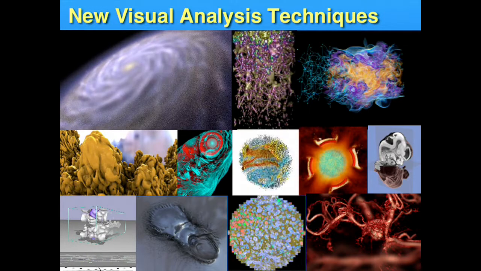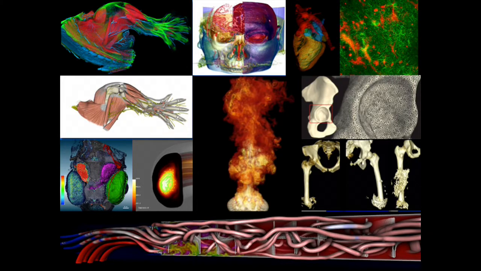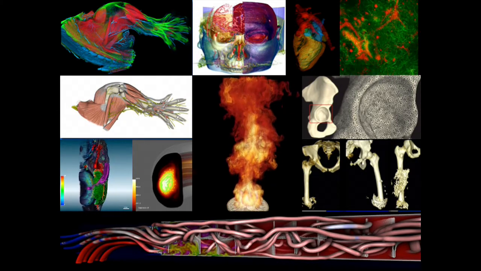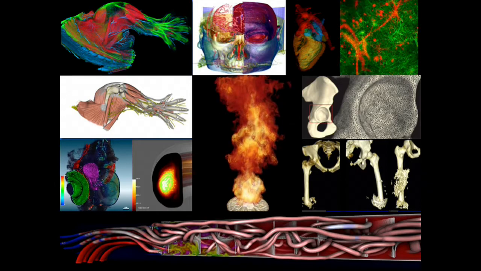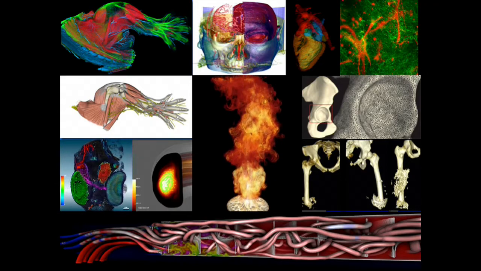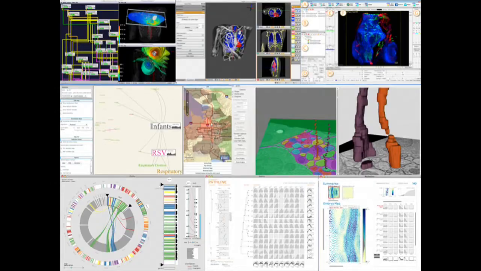So we have streamline advection, volume rendering, topological problems, problems in microscopy, streamlines, stream tubes, geometries, and of course a lot of problems in information visualization and visual analytics. So the question is, have we solved any of these problems along the way?